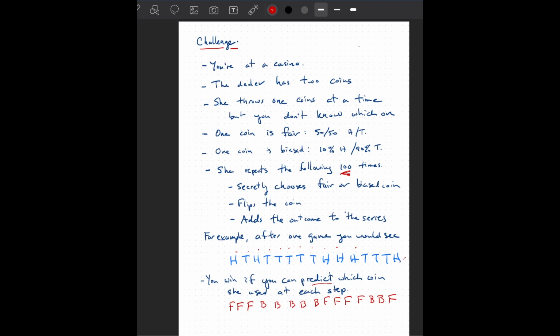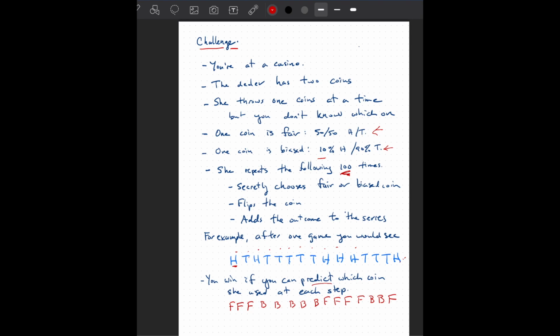So if you saw just the heads here, which coin might you think she used? I would probably say the fair coin, because the probability that she produced the heads with the fair coin is 50%, whereas the probability with the biased coin is just 10%. And then you see a tails.